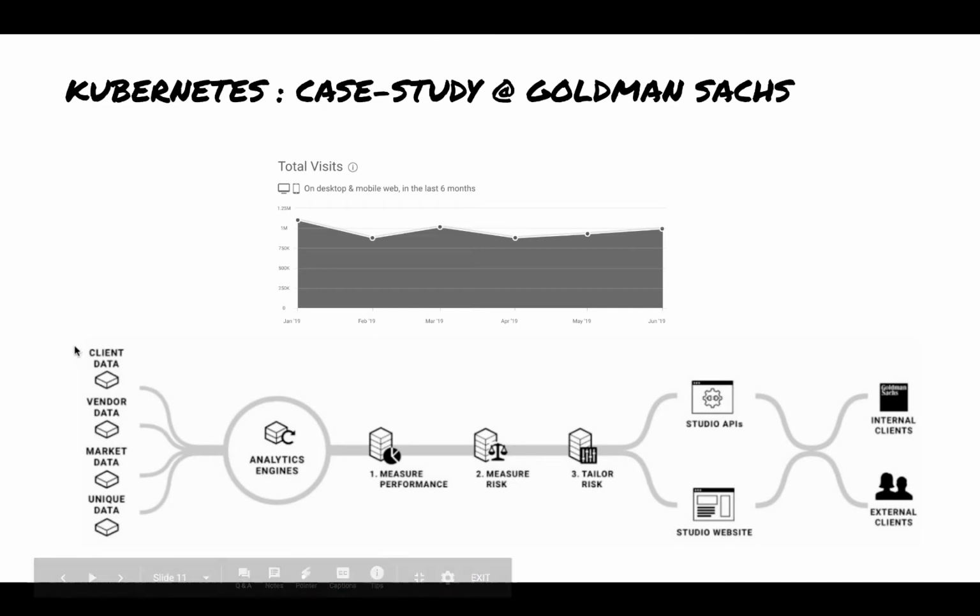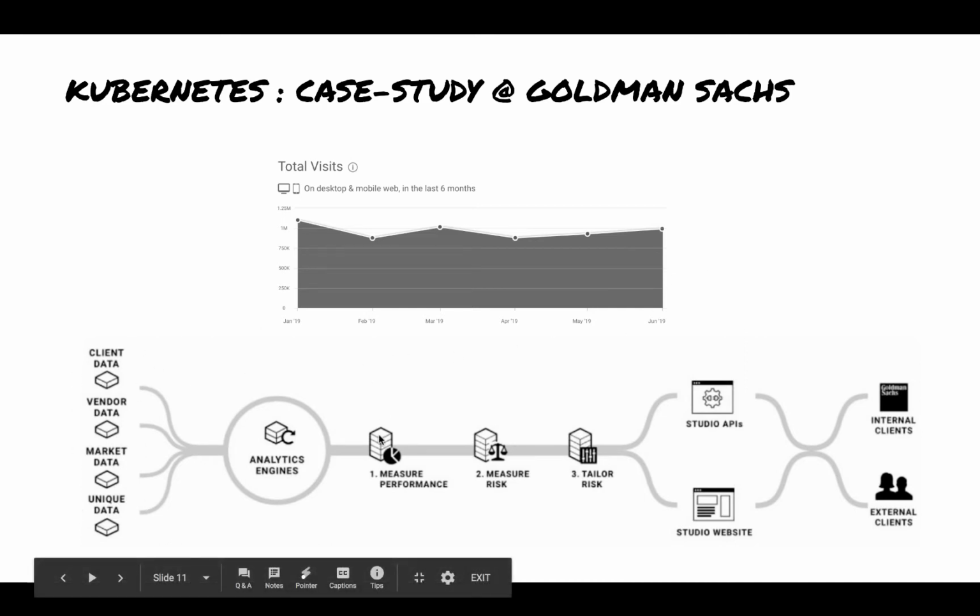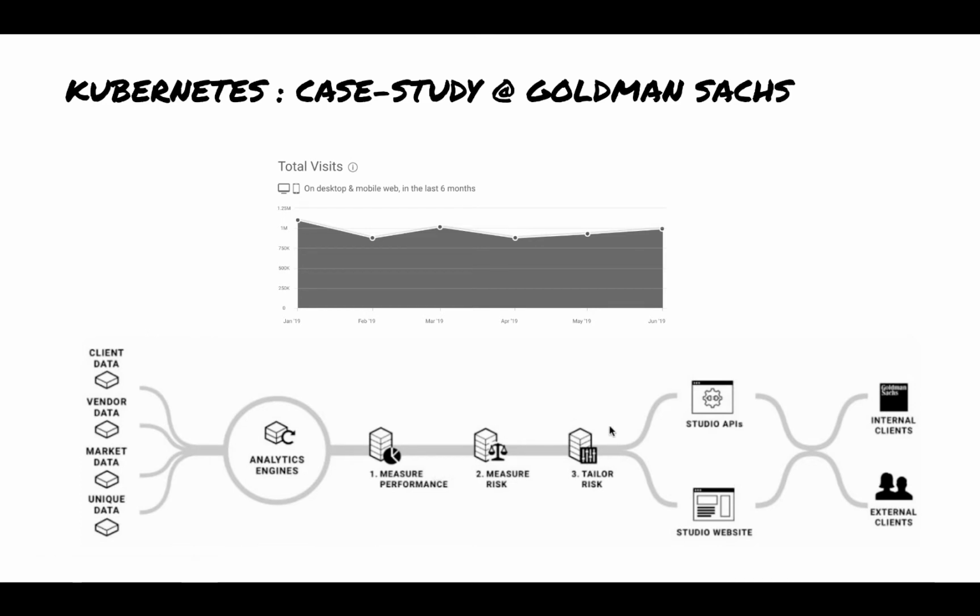Like this is a stock marketing application, so they measure the performance, the risk, and tailor solutions for their clients, and the clients use the Goldman Sachs application on their Android mobiles or iPhones or in the portal, and use their APIs to access this data, and based on that they do their share trading on the share trading market.